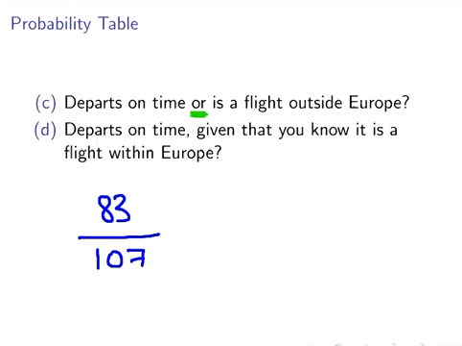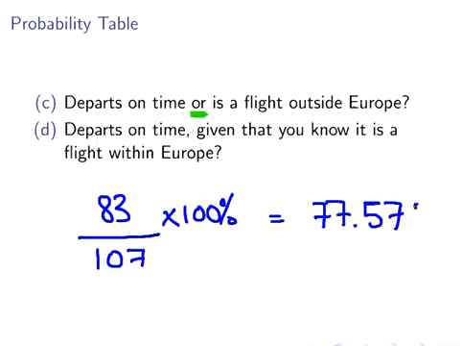So we express this as a percentage, multiplying by 100%, and that gives us 77.57%.